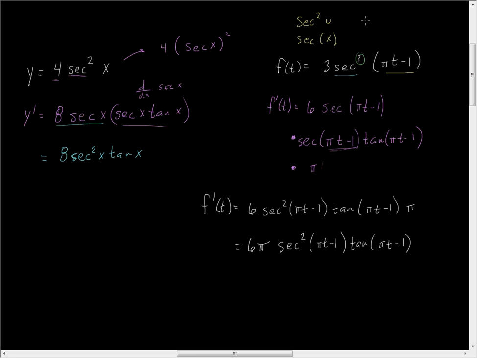So those are your 3 nestings. So you have to take the derivative of this, then the derivative of this, and the derivative of this, and essentially you multiply them all together. Okay, just don't forget that u stood for something. Okay, it stood for this pi t minus 1 in that case, and then x stood for pi t minus 1 in the next case, and then finally you have pi t minus 1.